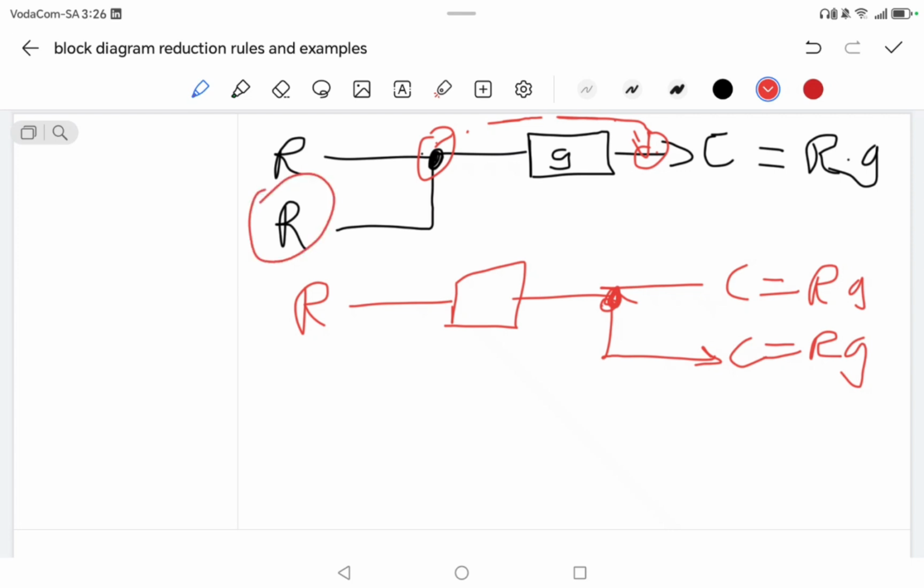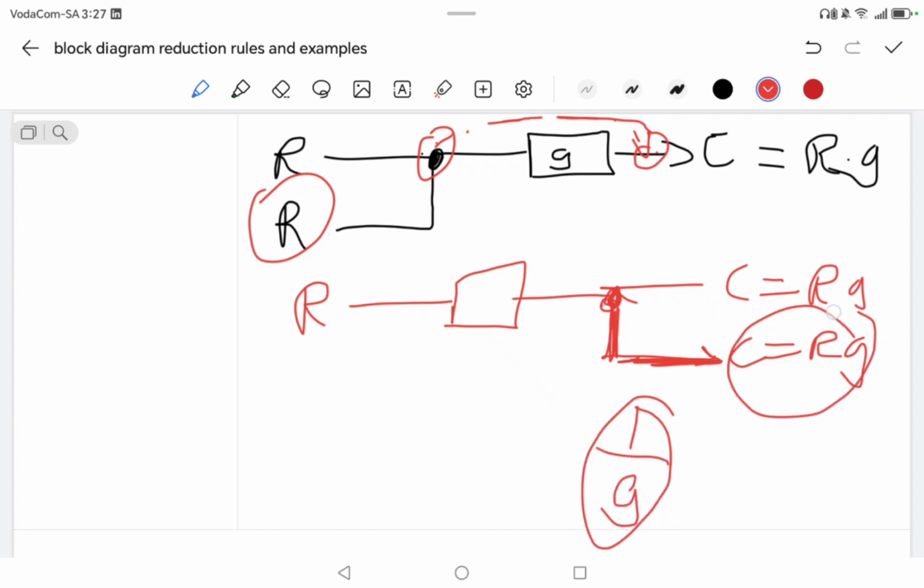So what do we do to this line to end up with an R? We have to add a box that contains 1 over G, so that this box will be in series with this one and they multiply. After they multiply, they cancel out and give us the output of an R. Since on this side it was R, when it moves to this side it should be R.